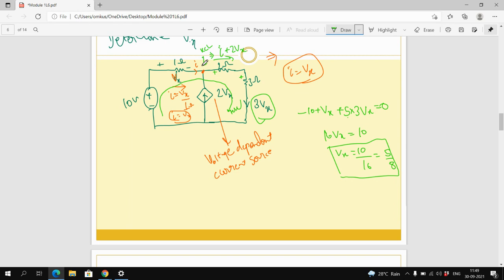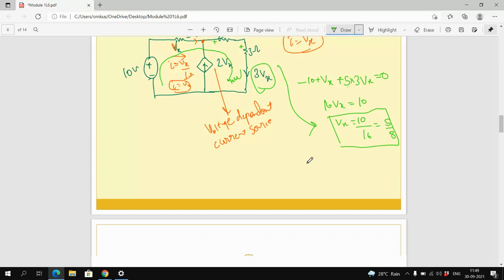Take some assumptions, then find the value of that current or voltage. In that case, the final answer you will get is Vx equal to 5 by 8 also. So this is a simple and short method. When you solve the problem this way, your answer will come in very short time.